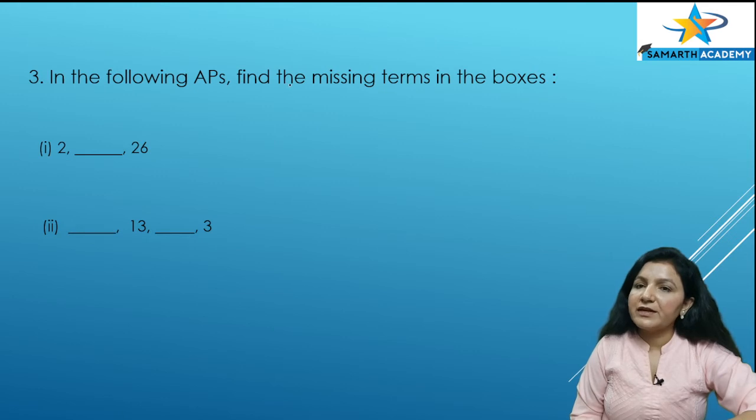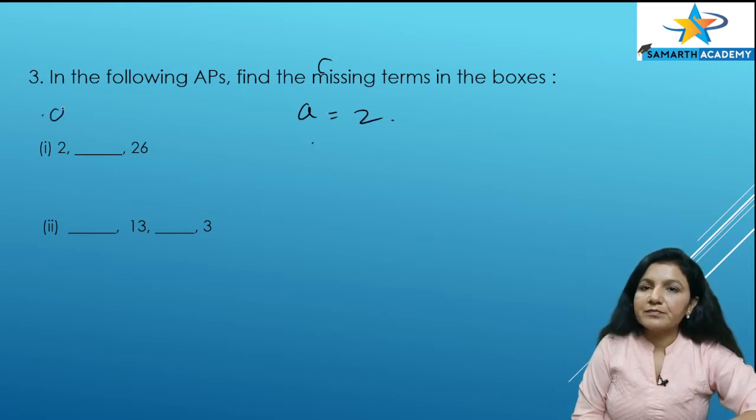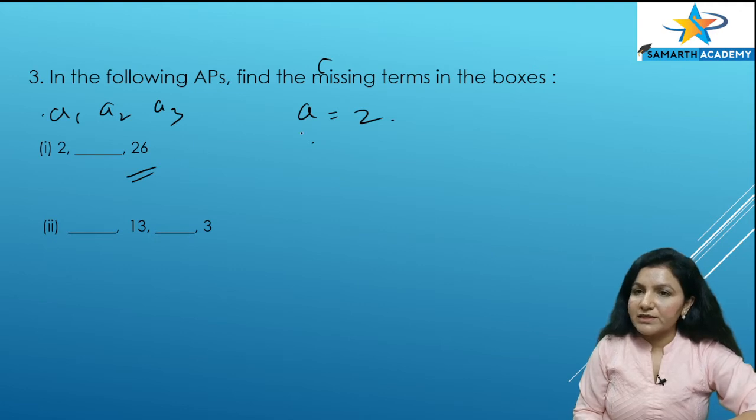In the following APs, find the missing terms. Here, for the first one, a is given as 2 and this is the first term. a2 is asked and a3 is given as 26. So first write what is given. a is 2 and a3 is 26.